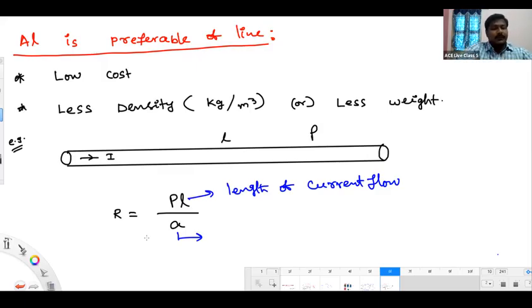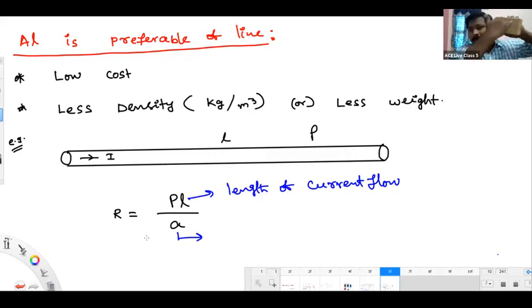Now I am sending some current in this direction into this conducting body. What is the area A we have to consider now? This rectangular area we have to consider in the denominator.